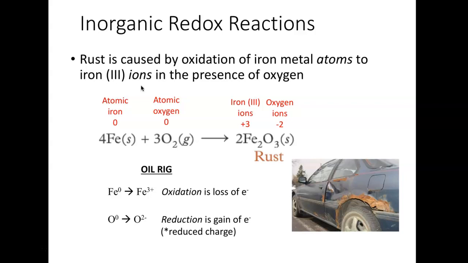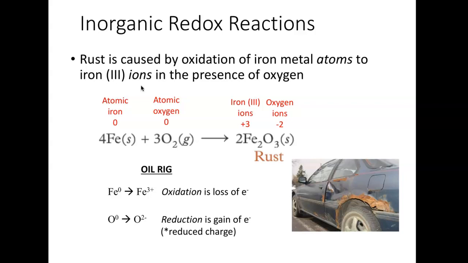And so we have to figure out what the charges are on them. Oxygen is always a -2 charge. We know that by looking at the periodic table. It's a group 6 element, so it's going to gain 2 electrons and have a -2 charge to fill its valence shell. Iron must, in this case, have a 3+ charge because it takes 2 of them to balance out 3 oxygen atoms.